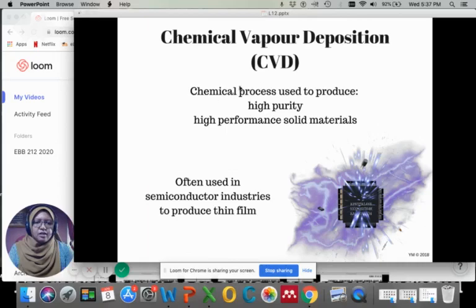Right. The chemical process in CVD is used to produce high purity and high performance solid materials. These are the main reasons why CVD is often used in the semiconductor industries to produce thin film.